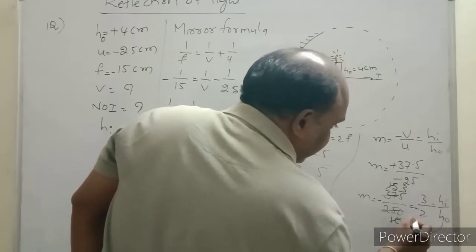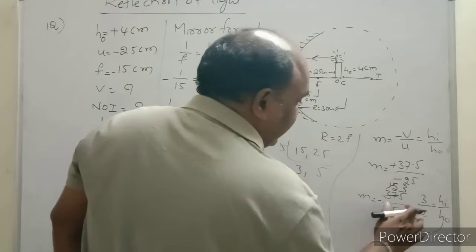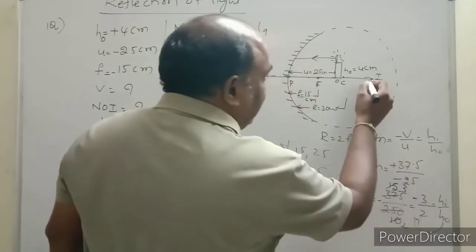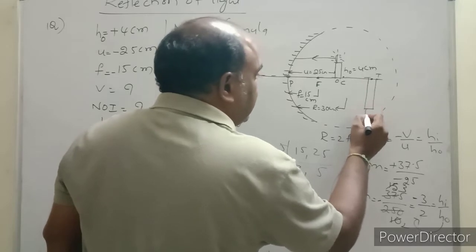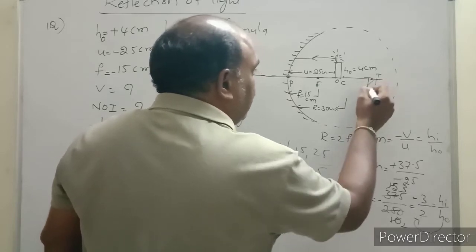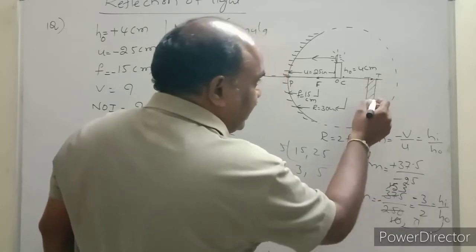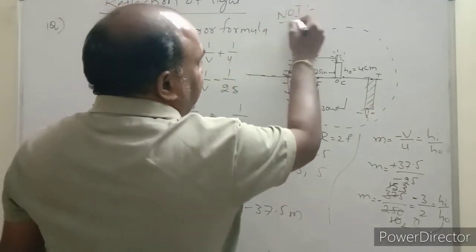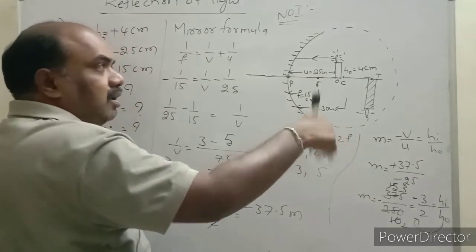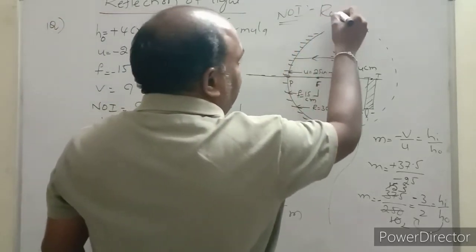If the object height is 2 centimeter, the image height is 3 centimeter. That means the image is larger. At 37.5 centimeter, a larger image is formed. Minus means below the principal axis. So what is the nature of the image? It is inverted. An inverted image is always real.